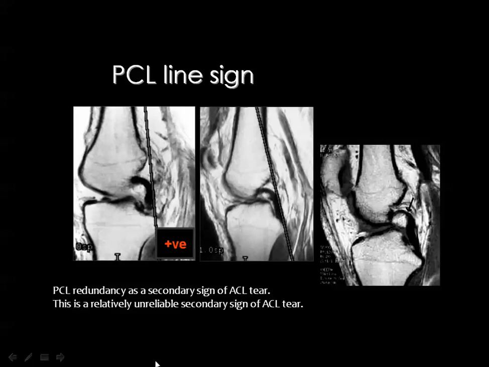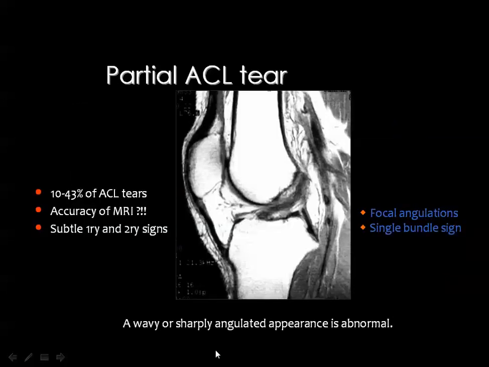If you draw a line tangential to the vertical course of the posterior cruciate ligament, it will not touch the femur, and this may be considered a positive sign for ACL rupture. This sign, as I have mentioned, is a weak sign, and the most reliable signs are the bone marrow contusions and the anterior translocation of the tibia.